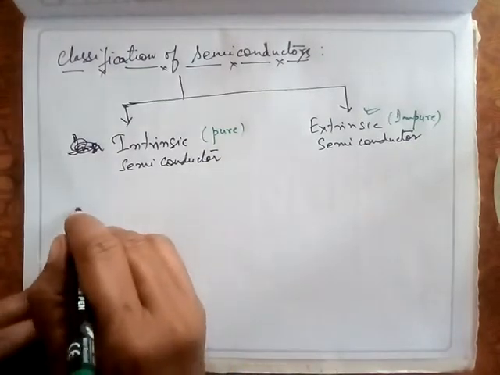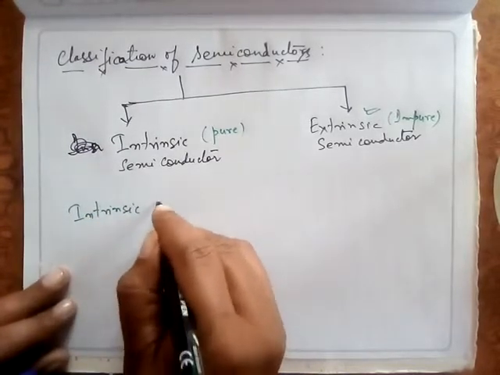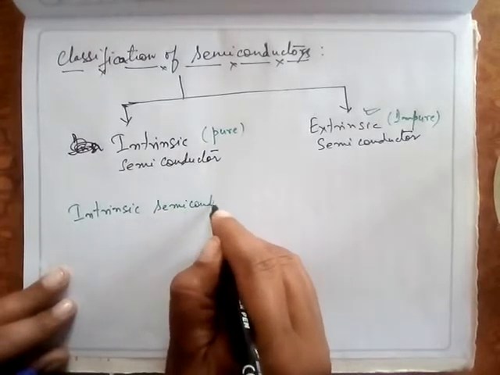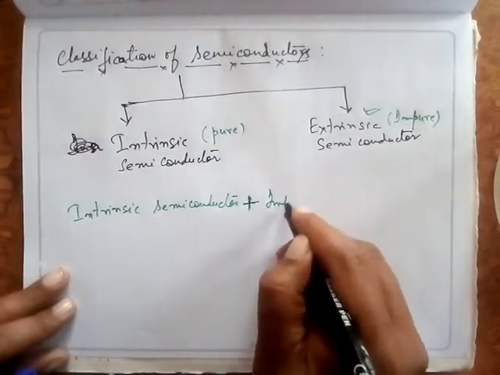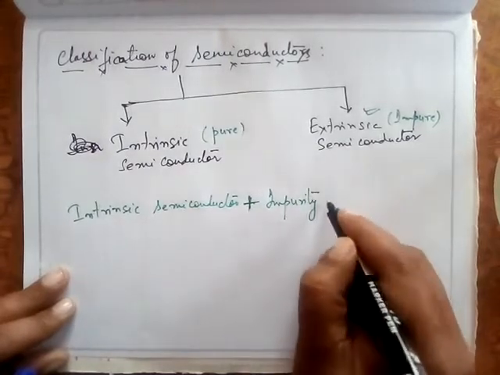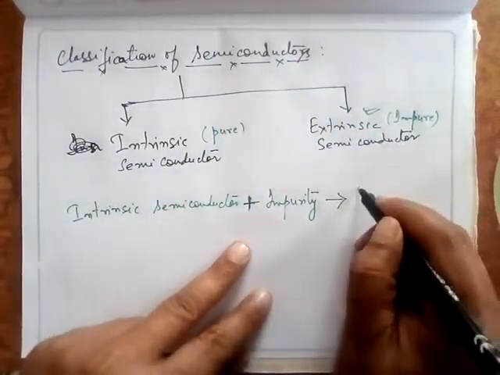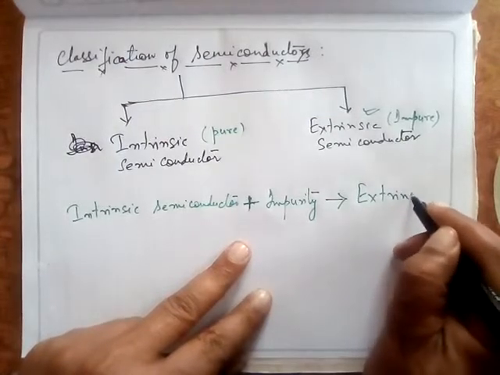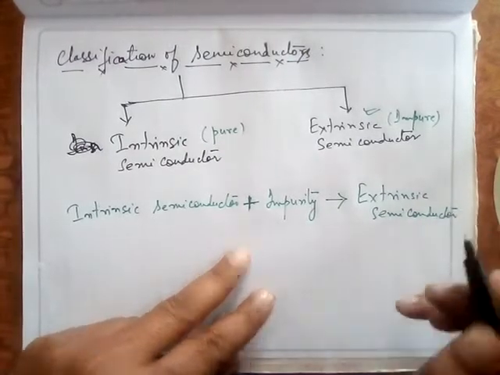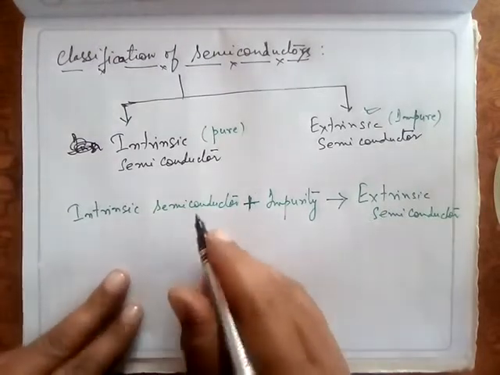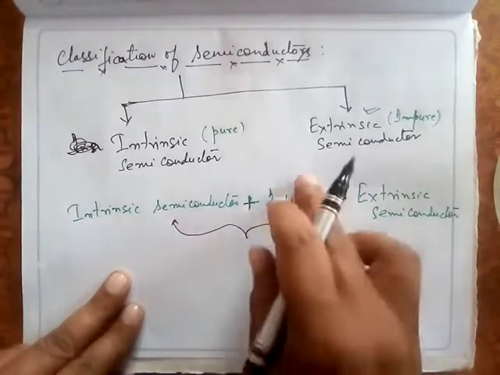So it is very clear that if you have an intrinsic semiconductor, and if some impurity is added to this pure semiconductor, the resulting semiconductor is an impure semiconductor, or an extrinsic semiconductor.